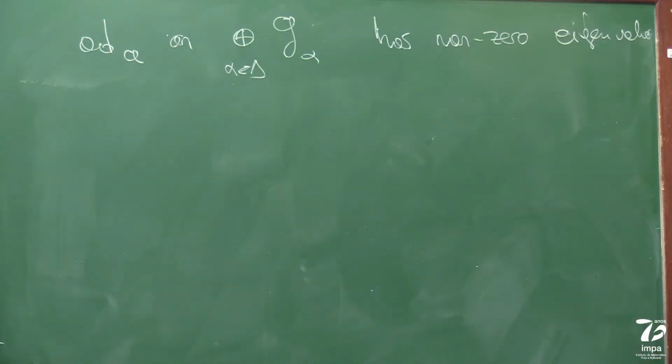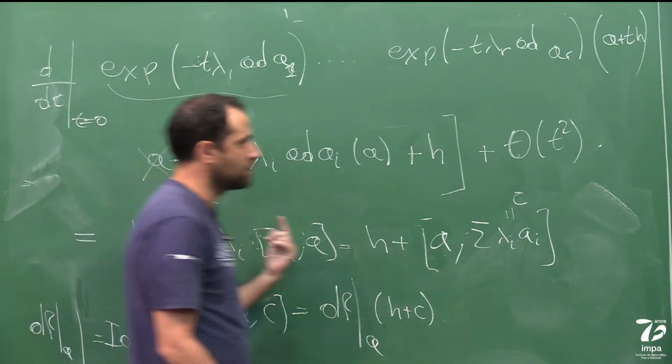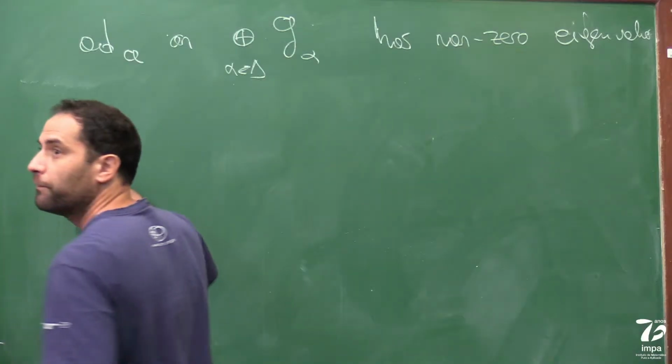Okay? So it has non-zero generalized eigenvalues. So this thing is, the adjoint action of A on that direct sum is invertible. So this thing here is invertible. So this thing restricts to the other summand to something invertible.